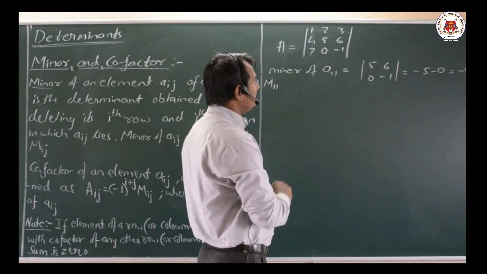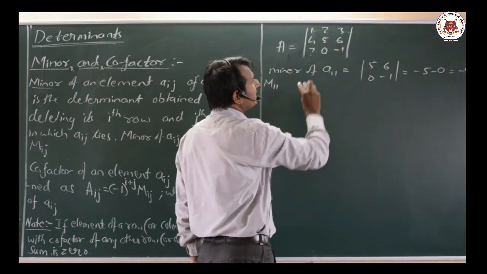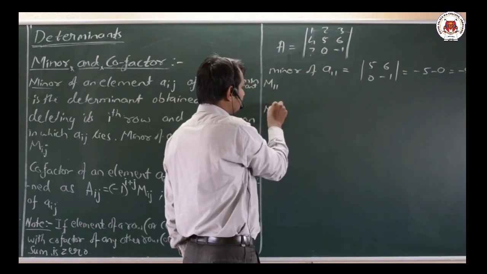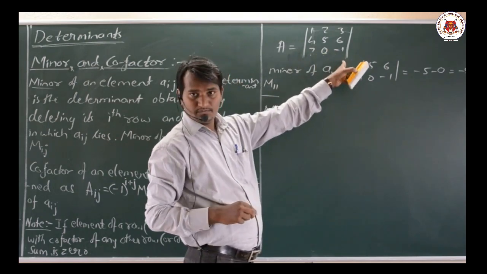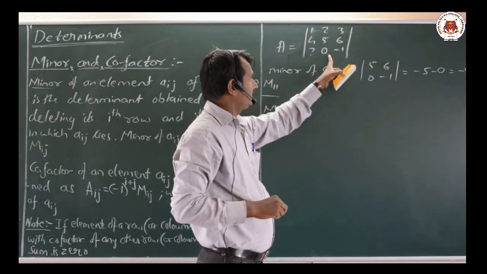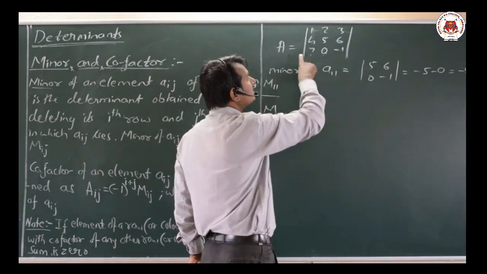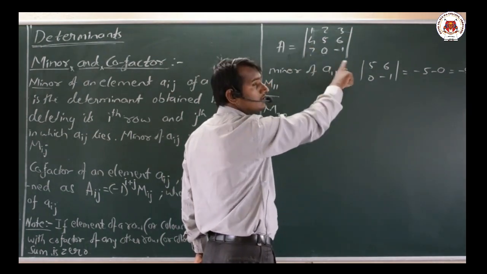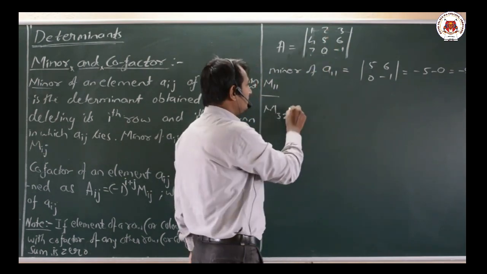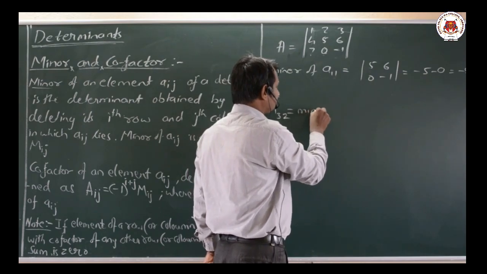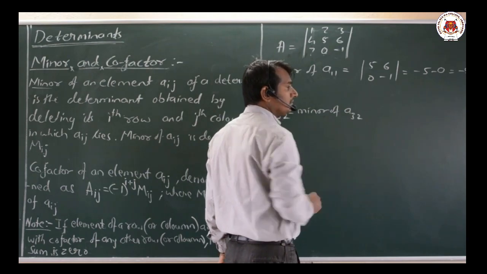Next, if I require the minor of the value 0 here, which row is it? It is the third row and the second column. That means M32, the minor of A32.